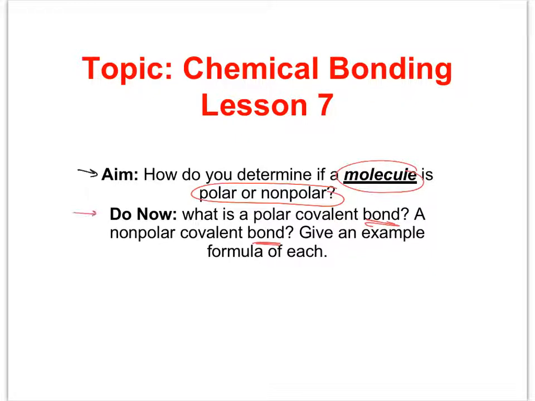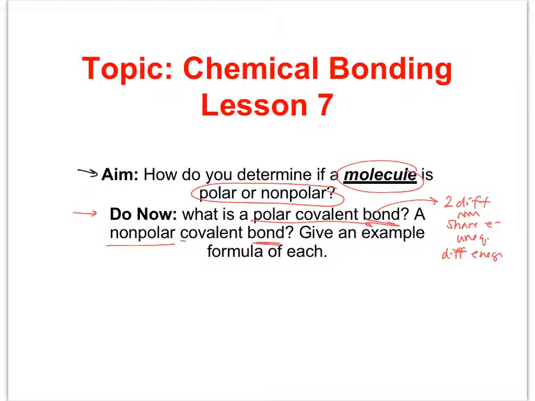So this question, what is a polar covalent bond? That would be when you have two different nonmetals sharing electrons unequally, and that's because of different electronegativity values. And the more different the electronegativity values are, the more polar the bond is.